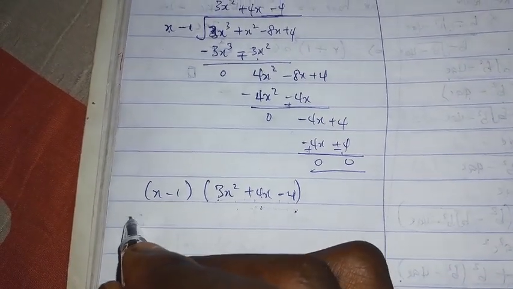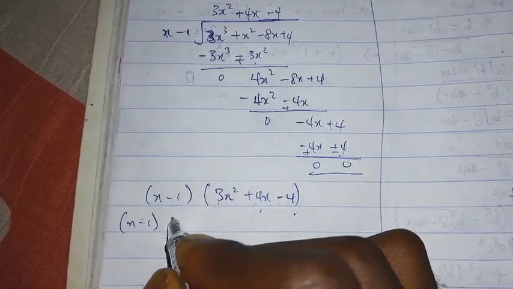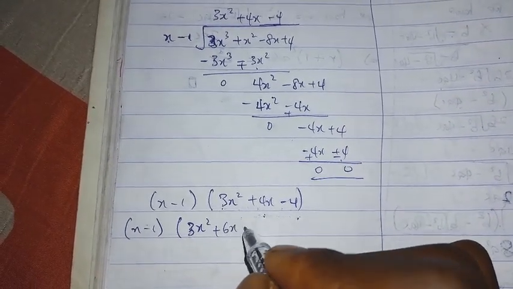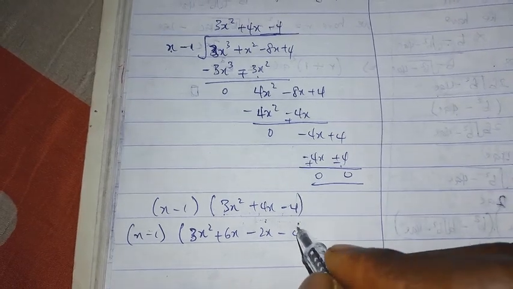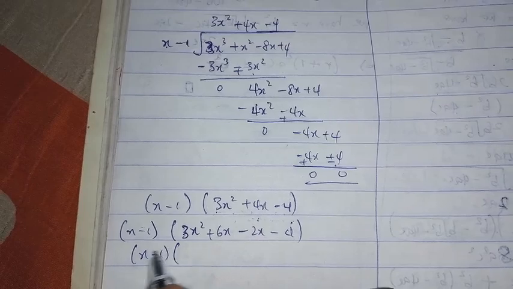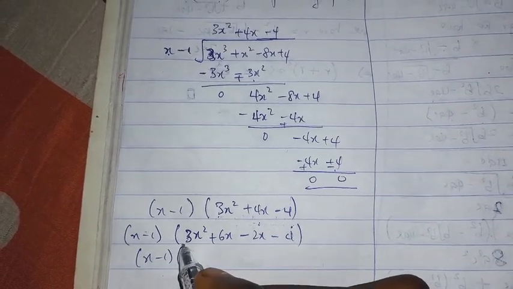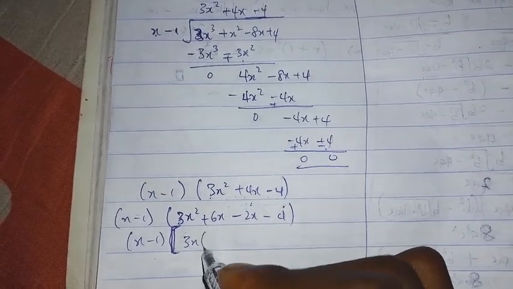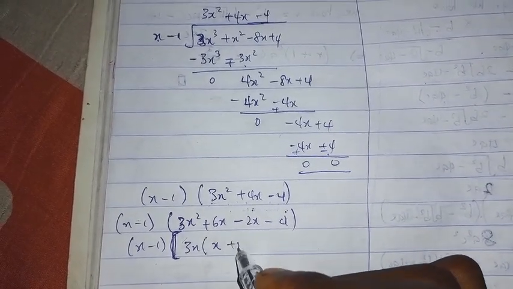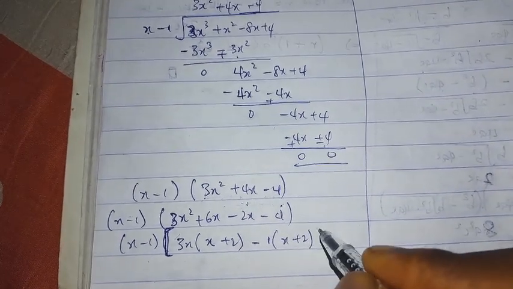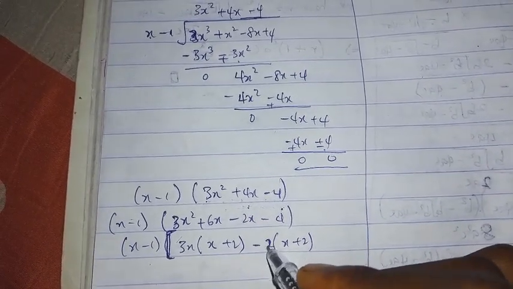So I can say this is the same thing as x minus 1, 3x squared plus 6x minus 2x minus 4. So x minus 1, what remains here? Factorizing, I have this as 3x into x plus 2, minus 2 into x plus 2.